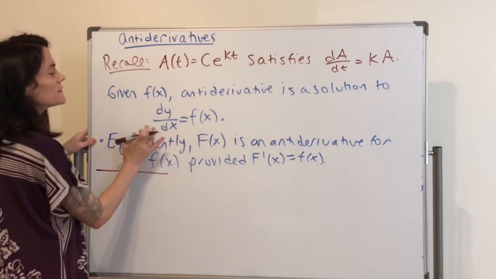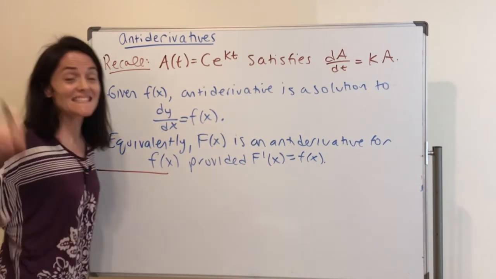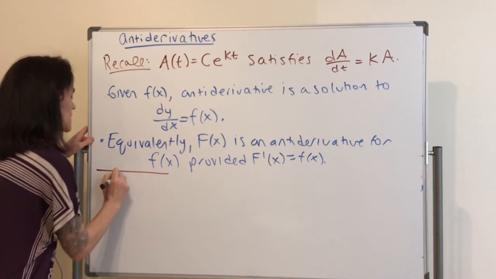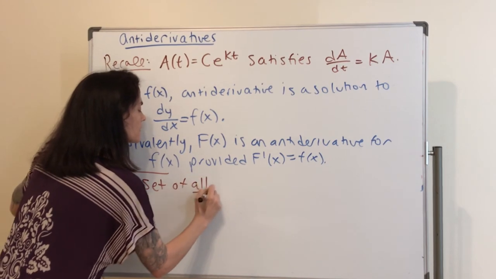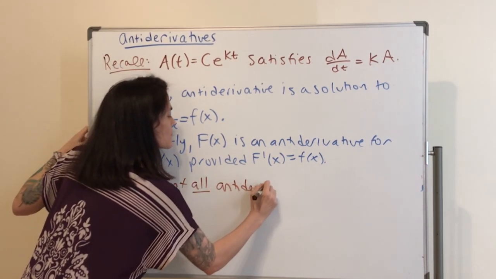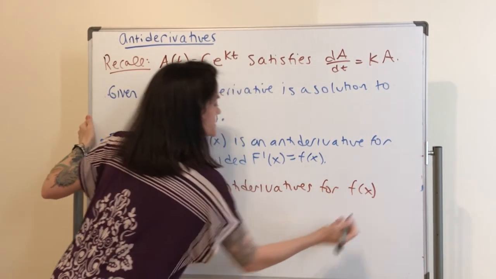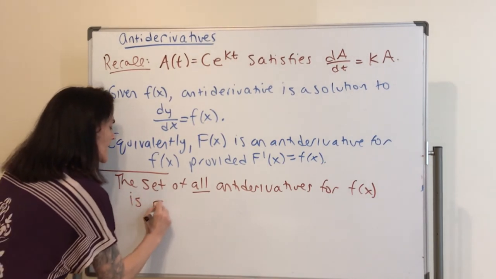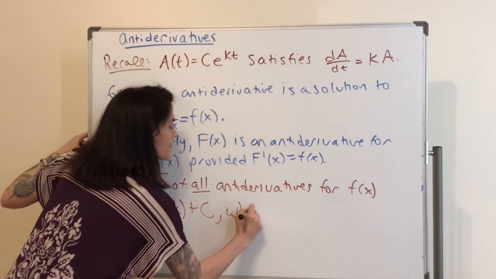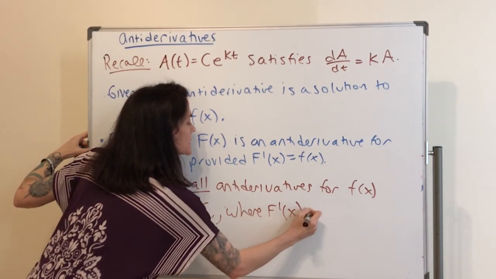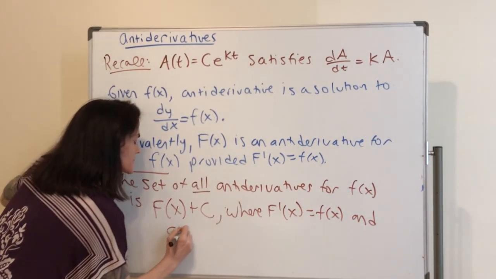What if we wanted the general solution to this differential equation, or the set of all antiderivatives? So the set or collection of all antiderivatives for some function f of x is, well, you take one and then you add plus c, where capital F prime is little f and c is a constant.